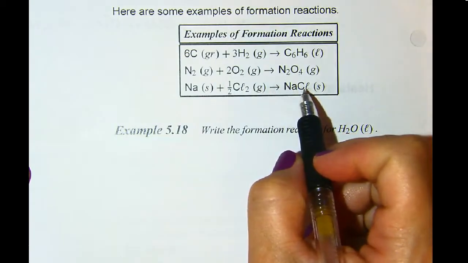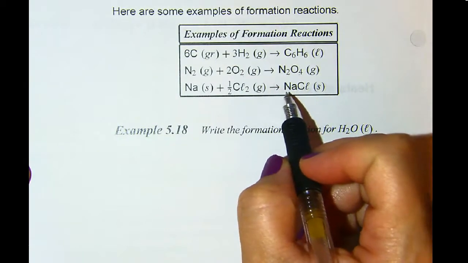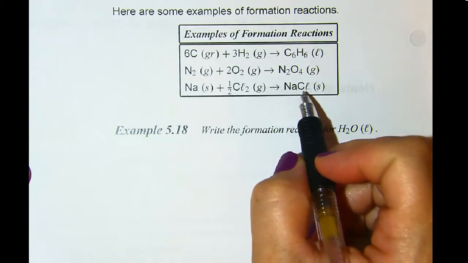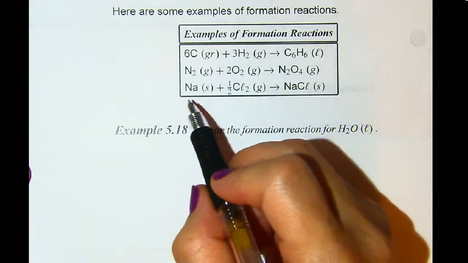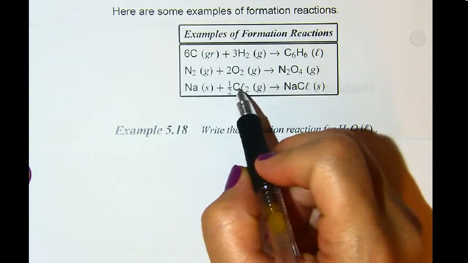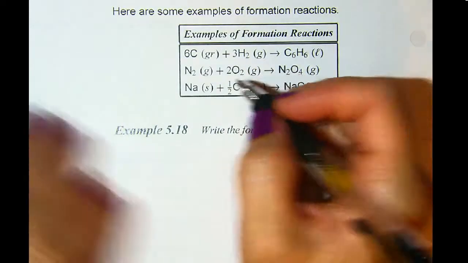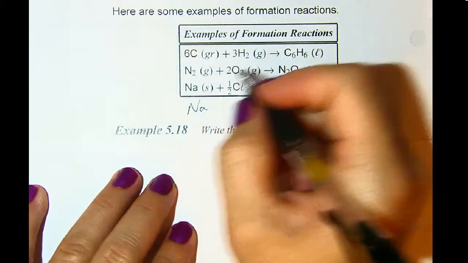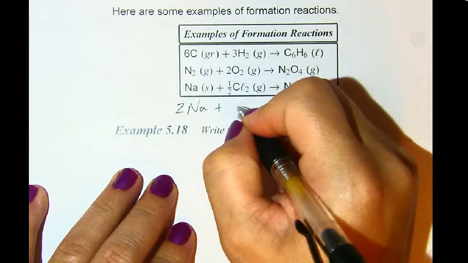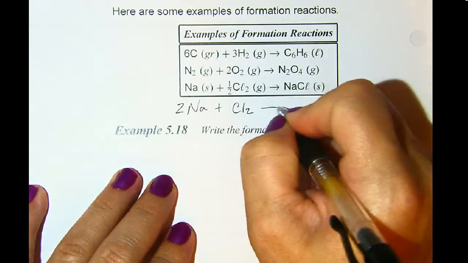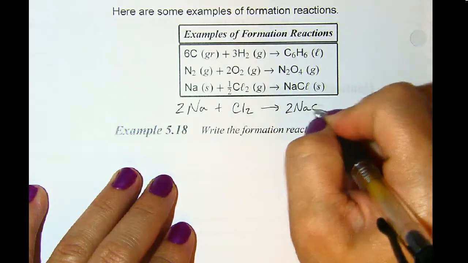Finally, NaCl. The standard states are going to be sodium solid, and then chlorine is a diatomic. So I'll have Na solid and Cl2 as the diatomic. When you balance this equation, you would normally get 2 Na plus Cl2 yields 2 NaCl.